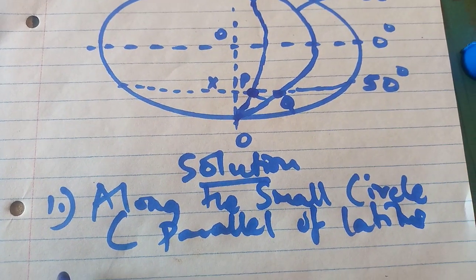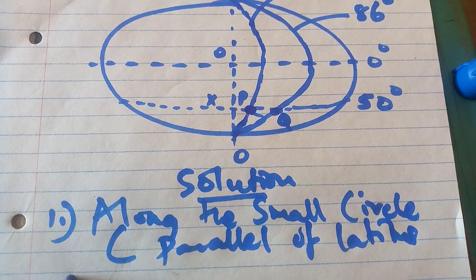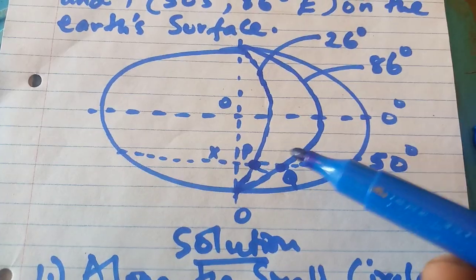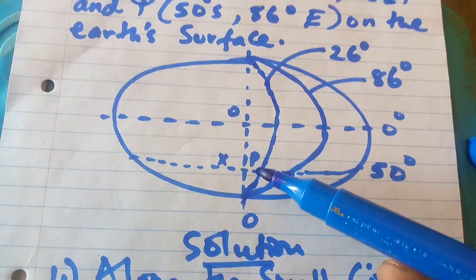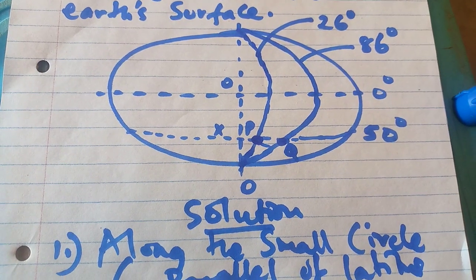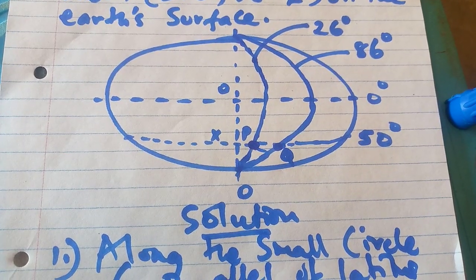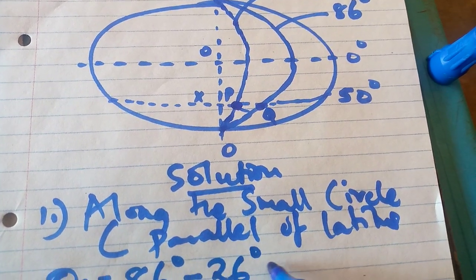So I'll start by finding the difference in angle. You realize that Q is 86 degrees east, while P is 26 degrees east. So the angle difference, I'm going to take 86 degrees minus 26 degrees.